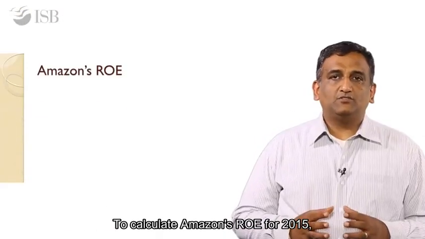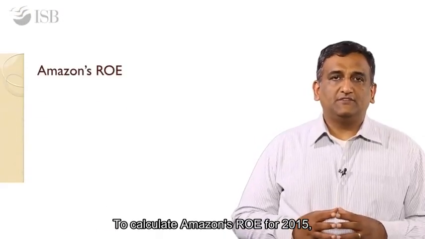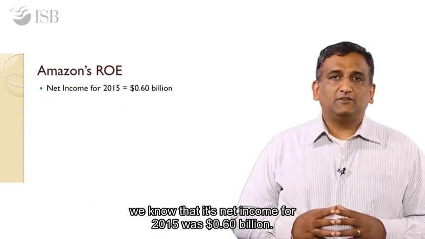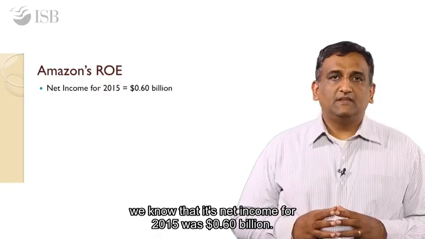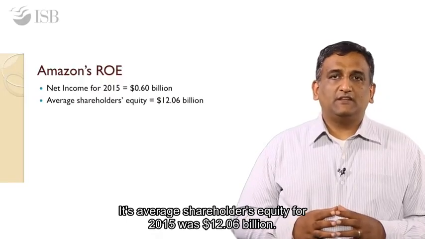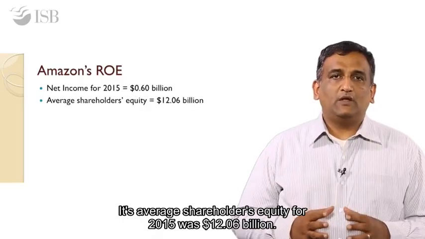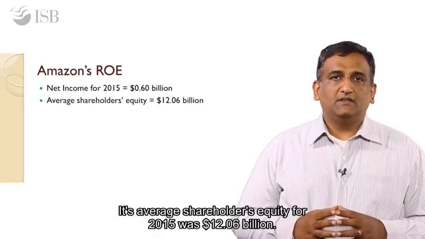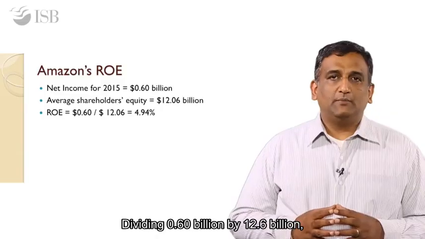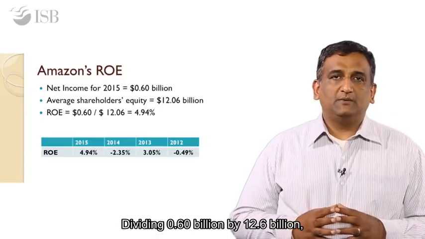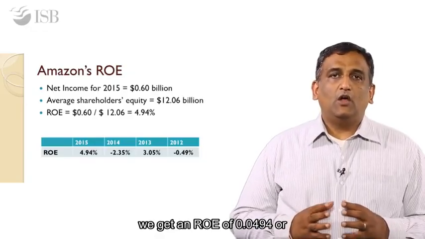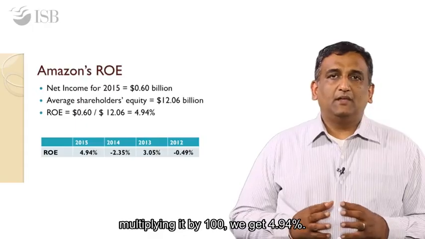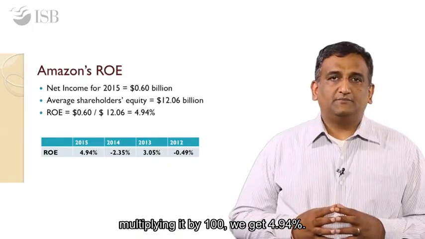To calculate Amazon's ROE for 2015, we know that its net income for 2015 was $0.60 billion. Its average shareholders' equity for 2015 was $12.06 billion. Dividing 0.60 billion by 12.06 billion, we get an ROE of 0.0494, or multiplying it by 100, we get 4.94%.